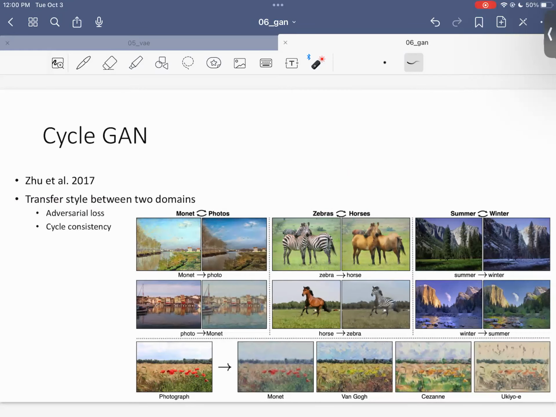So there's a consistency loss, the cycle consistency. I mean, there's not enough time to talk about CycleGAN, but if you're interested in style transfer or CycleGAN, you should definitely read the papers, the CycleGAN paper and all the derivatives.